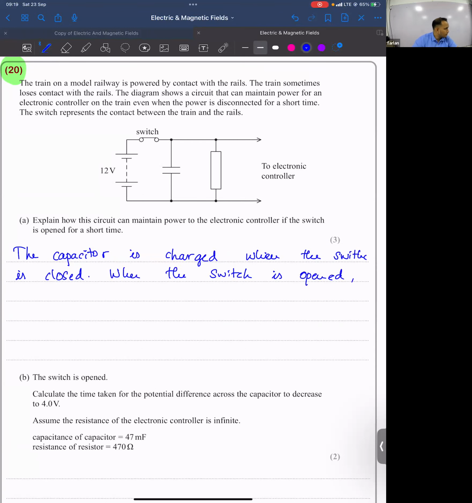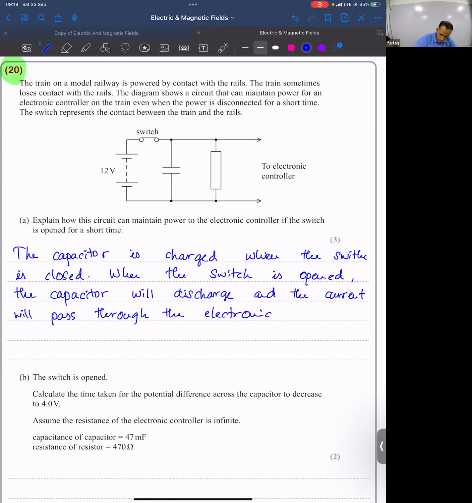When the switch is open, the capacitor will discharge and the current will pass through the electronic controller for a short period.